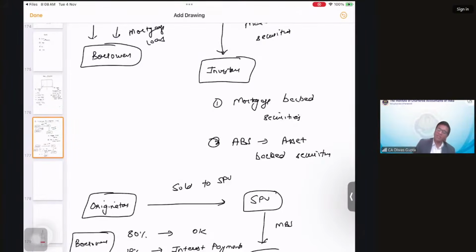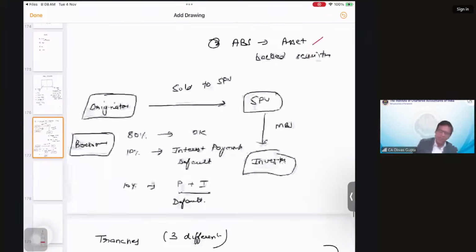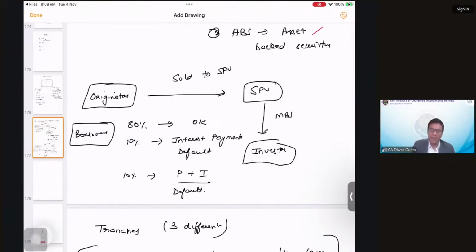So here we discussed two things, right? Mortgage-backed securities, which is MBS, and asset-backed securities, which is ABS. So what did the originator do? Originator sold to SPV, and SPV issued to the investors as mortgage-backed securities.